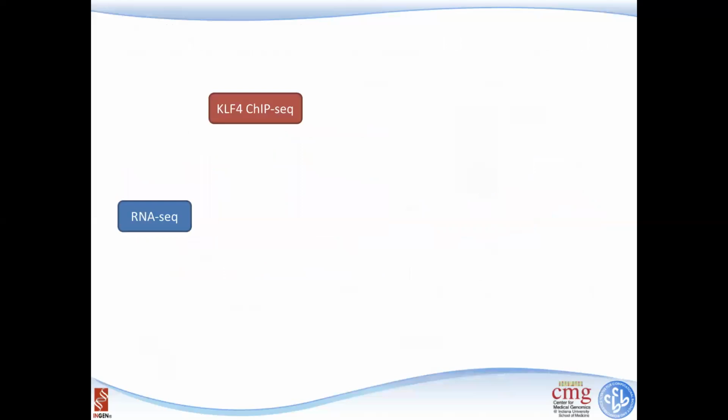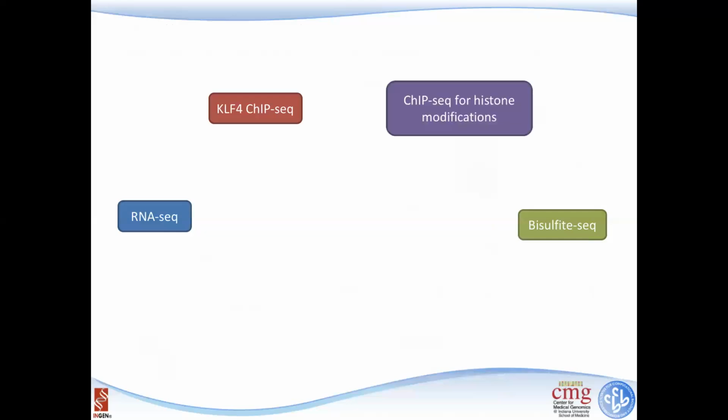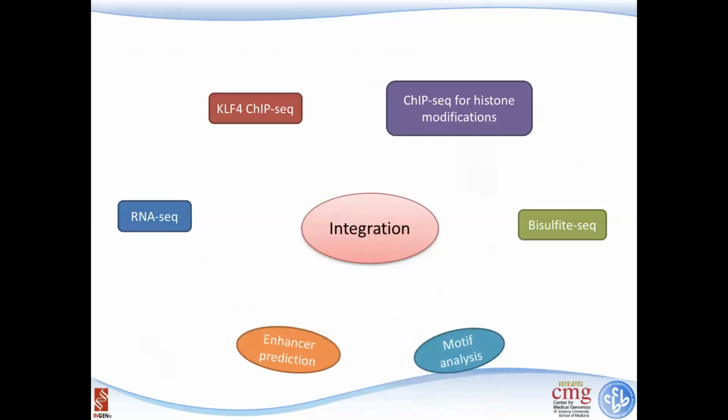Then we know which one regulates which one, and what the target is. Also we can use bisulfite sequencing to identify those methylated binding sites we are interested in, and then do more ChIP-seq for histone modification, to get connections with each other. From that, we use enhancer prediction, motif sequence analysis, and all the bioinformatics analysis, and we integrate all the data together.